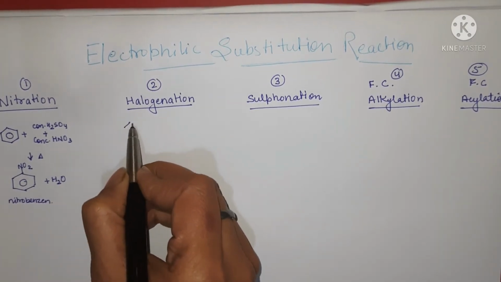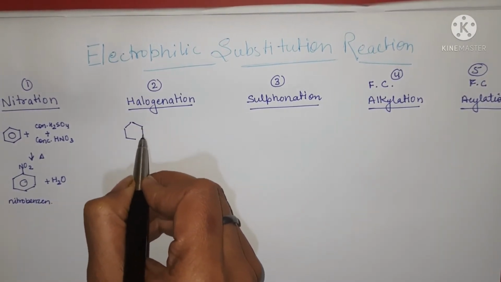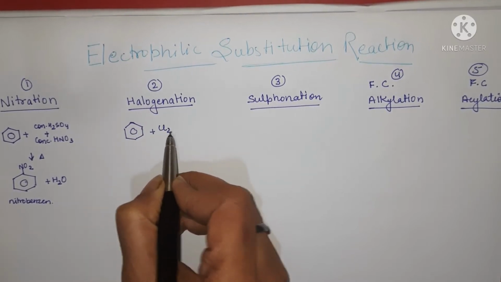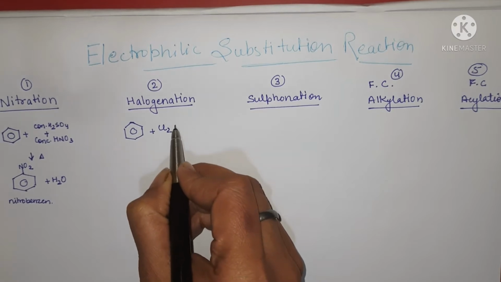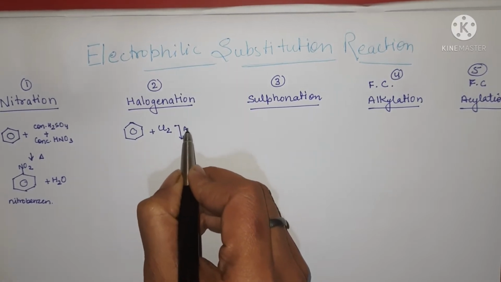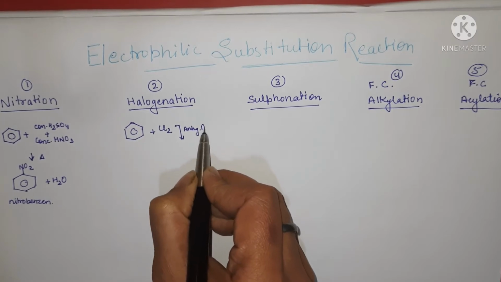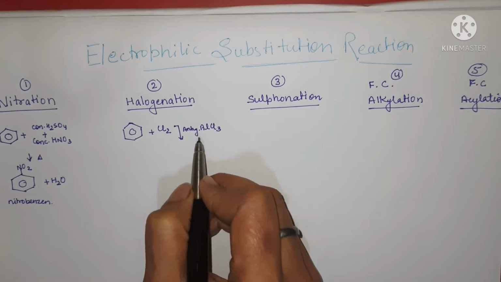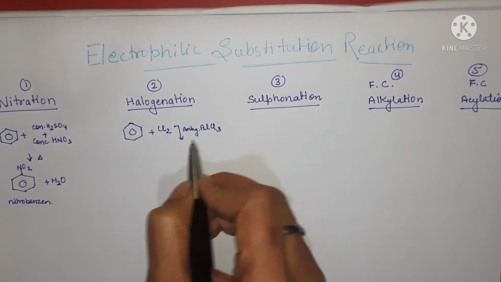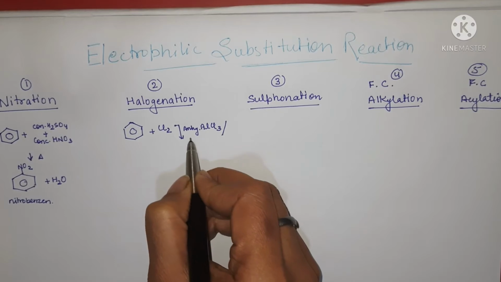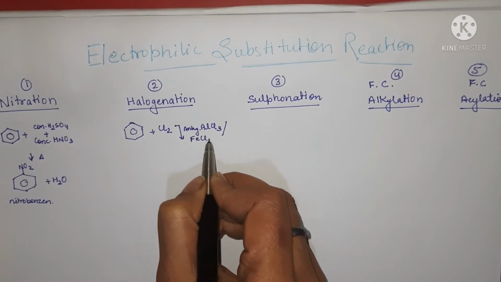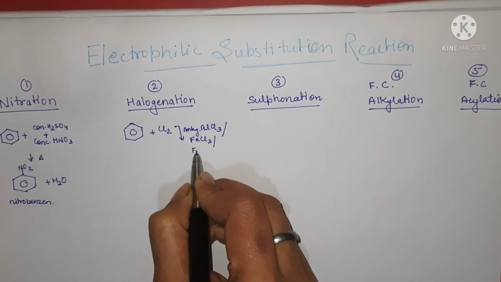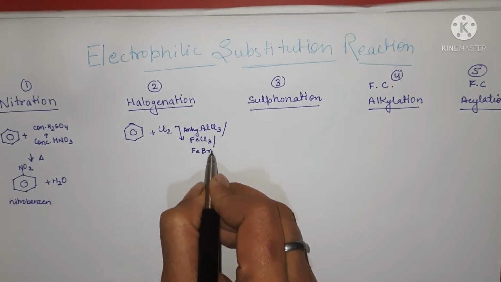The halogenation of benzene requires a benzene molecule plus the chlorine molecule, with anhydrous AlCl3. We can take FeCl3 also, and if we are taking Br here, we can take FeBr3 also.